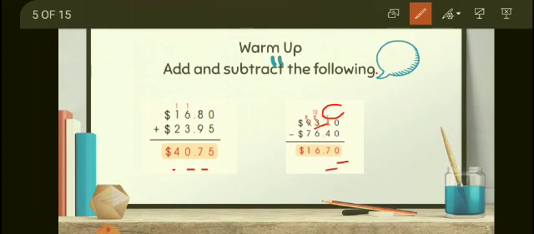We can't subtract 6 from 2, so we take a carry or borrow from the other digit, that is 9. So it will be 12. 12 minus 6 equals 6 and 8 minus 7 equals 1.